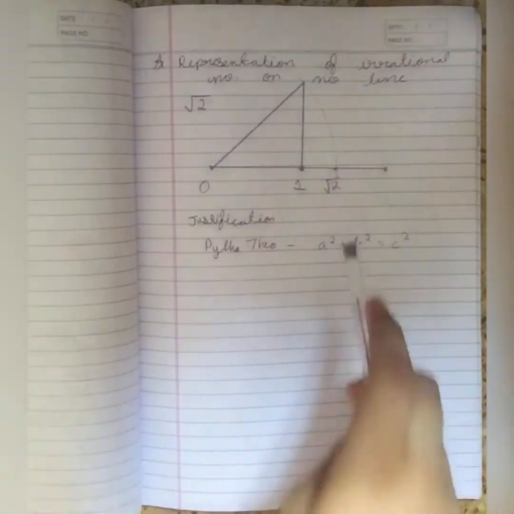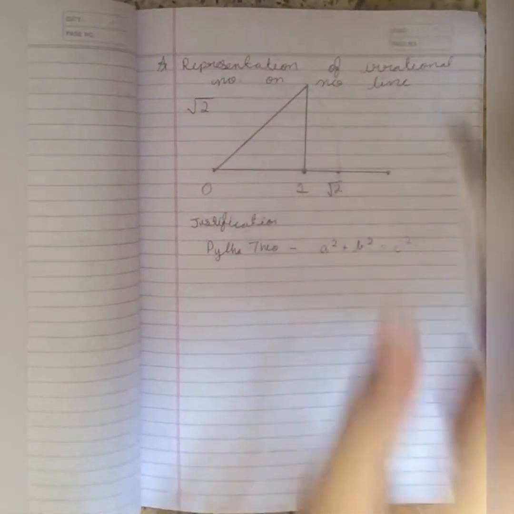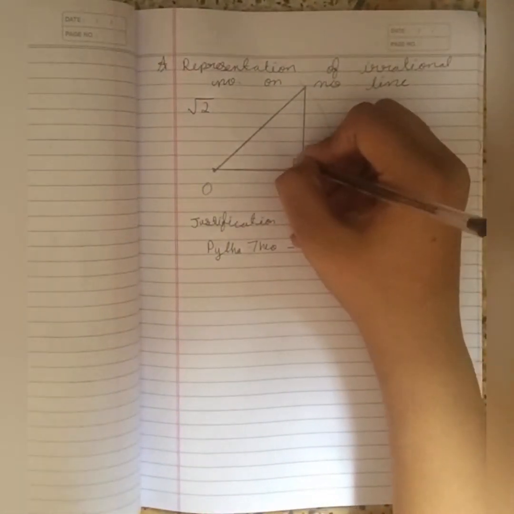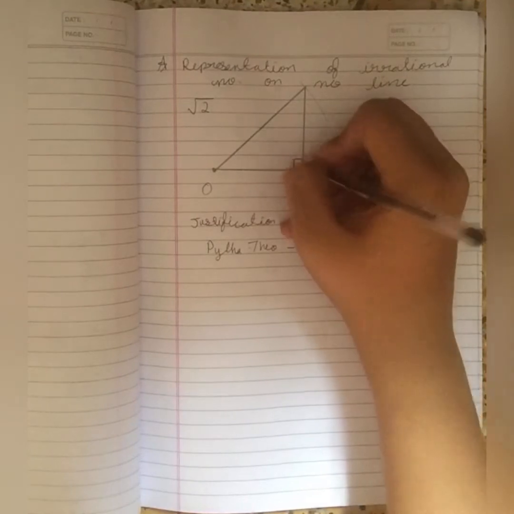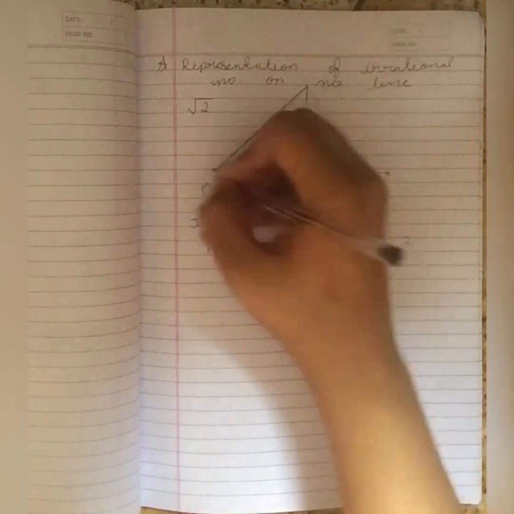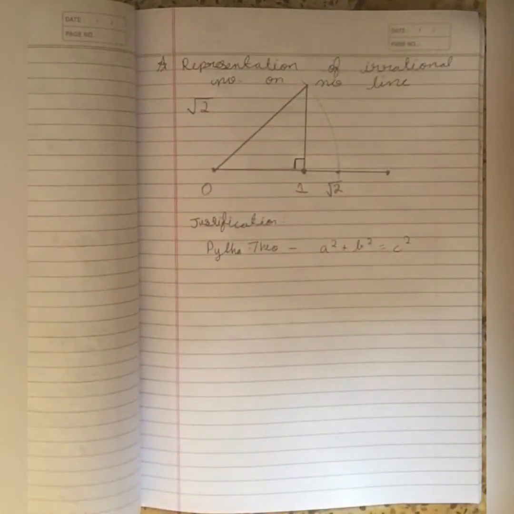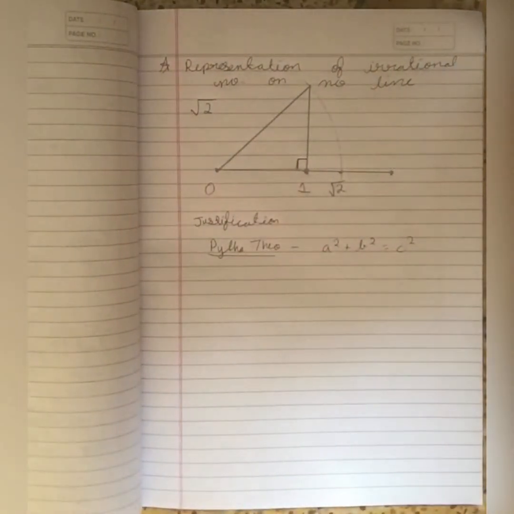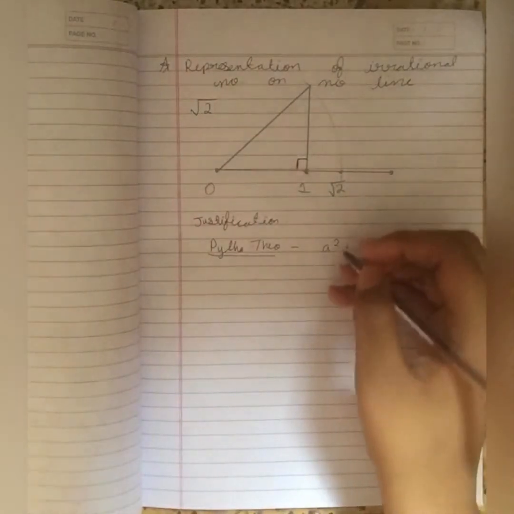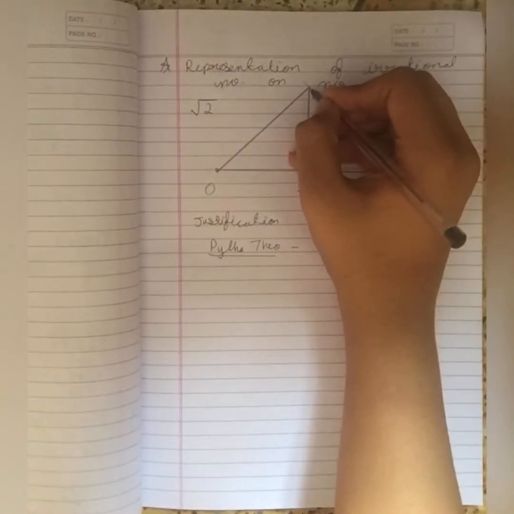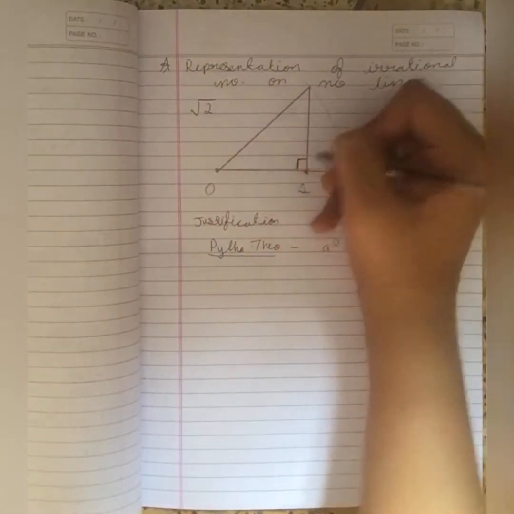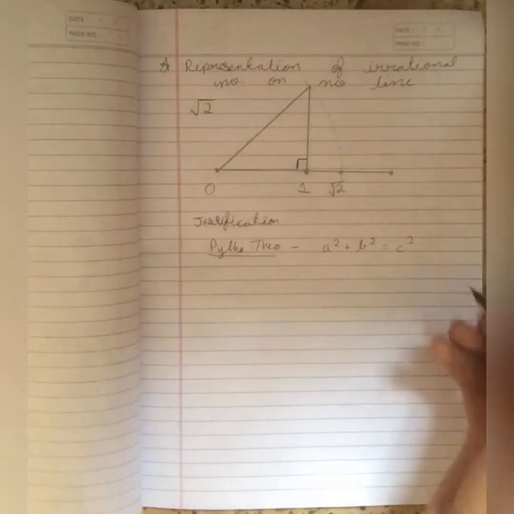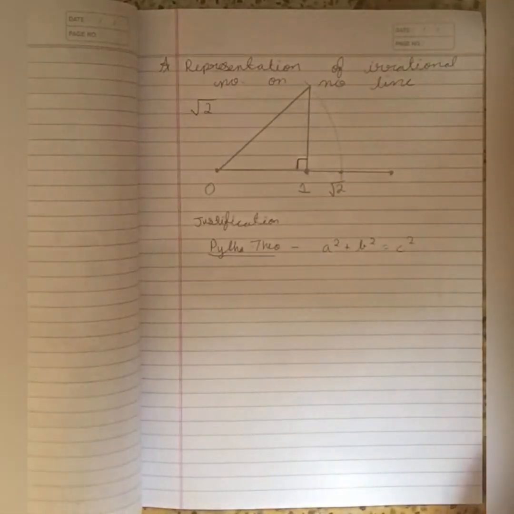Now what is the justification for this? So let's see. This is a right angle triangle. You can see it is built on 90 degrees and it has 3 sides and the other angles are acute. So the Pythagoras theorem, which states for all right angle triangles, that the length of the base and the perpendicular squared should be equal to the hypotenuse squared, right?